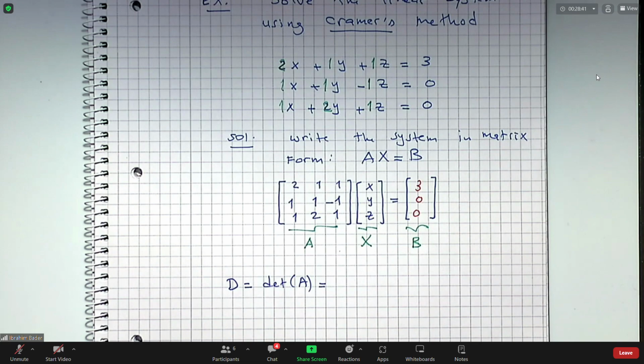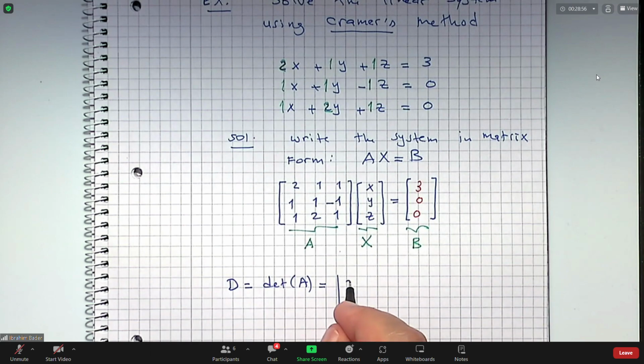So if it's 0, then the system can't be solved using this method. So you have to stop and leave it there. If not, then you need to evaluate it. Okay, so the determinant of A is equal to 2, 1, 1, 1, 1, negative 1, 1, 2, and 1.